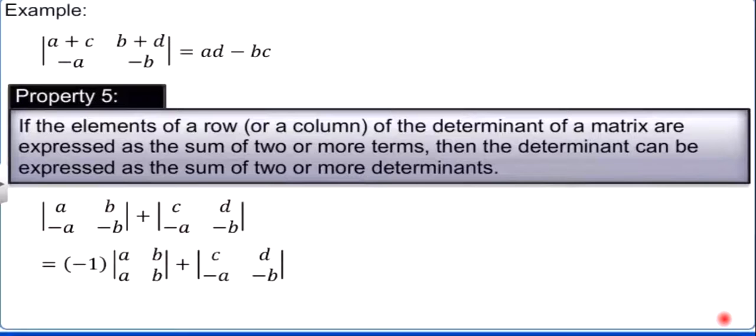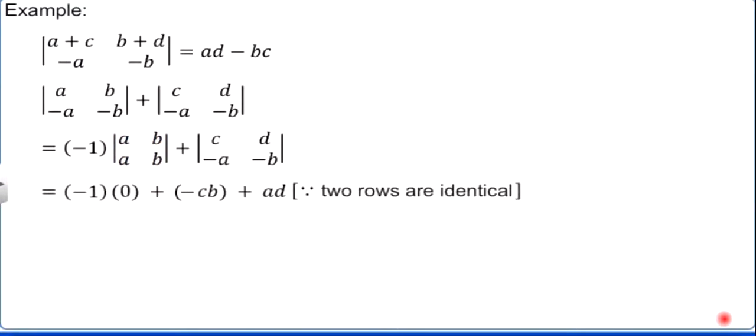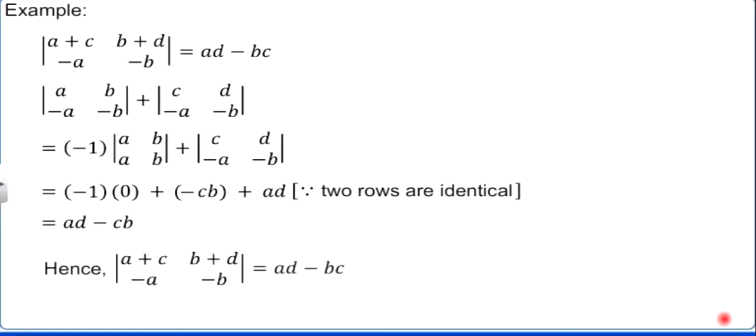Now, the first determinant has two identical rows, so its value is 0, and the value of the second determinant is equal to AD minus CB. Hence, the value of the determinant is equal to AD minus BC. This shows that the value of the determinant is the same as the value when it is expressed as the sum of the two determinants.